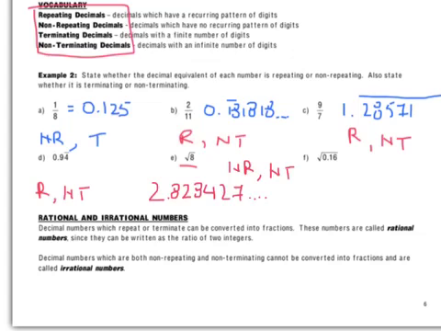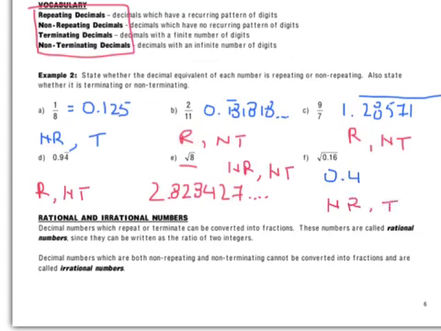Okay, the square root of 0.16 actually gives us, the answer is 0.4, and this is clearly non-repeating, comma, terminating. It doesn't keep going on forever.